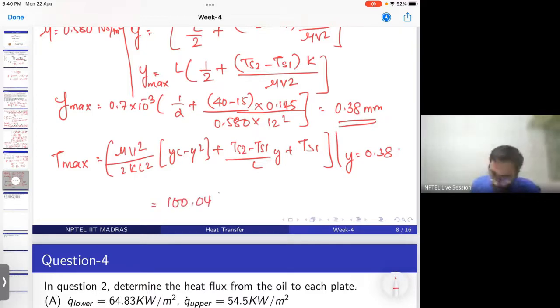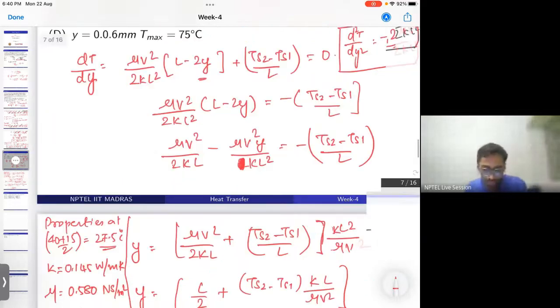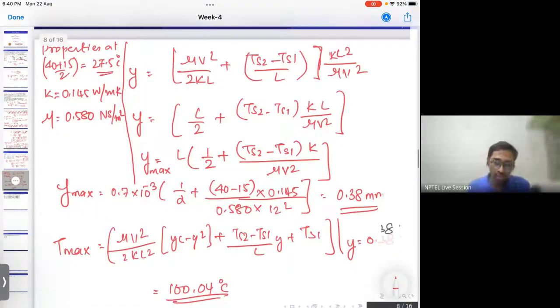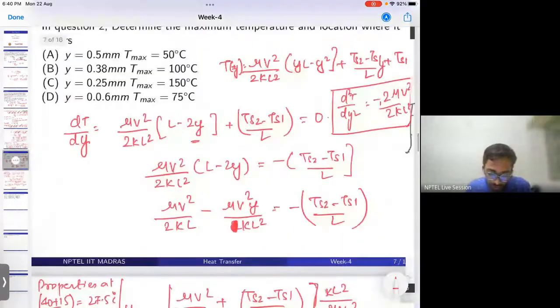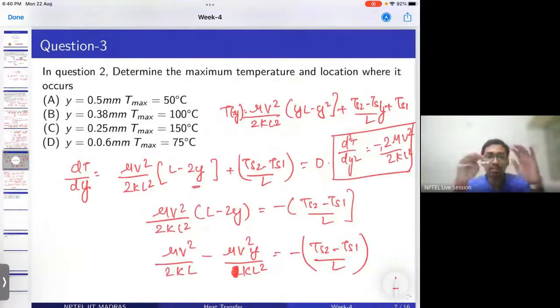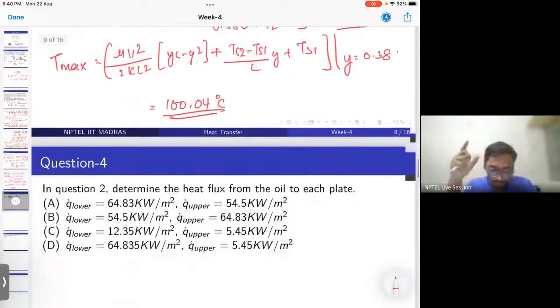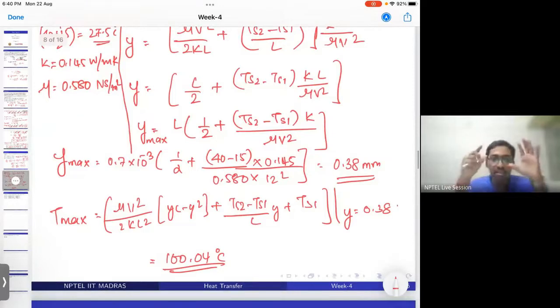100.04 degrees Celsius. One interesting thing you can notice is that one plate is at 14 degrees Celsius and the other plate is at 15 degrees Celsius, but the maximum temperature building up between these two plates is 100 degrees Celsius, which is almost more than twice that of the hotter plate.